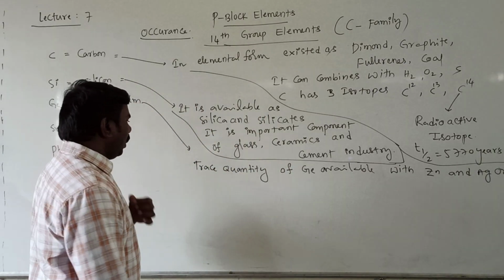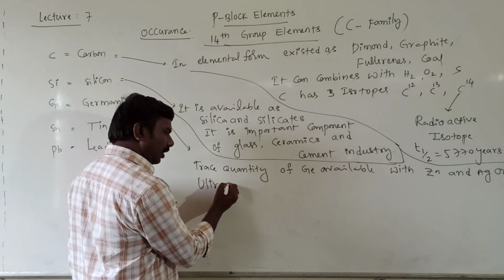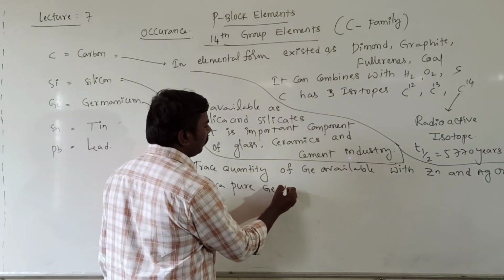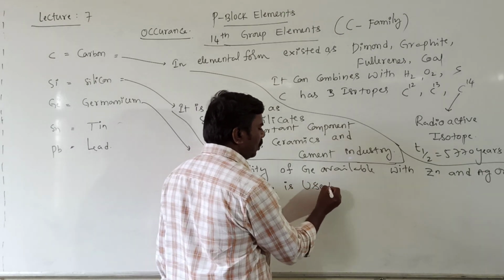Now, ultra pure germanium is used to make transistors, semiconductors.